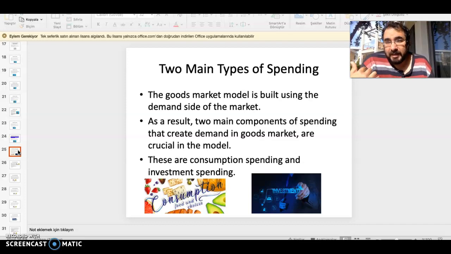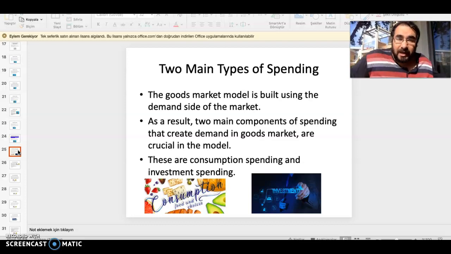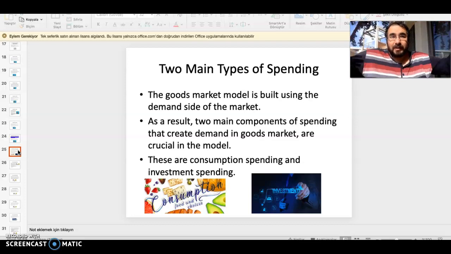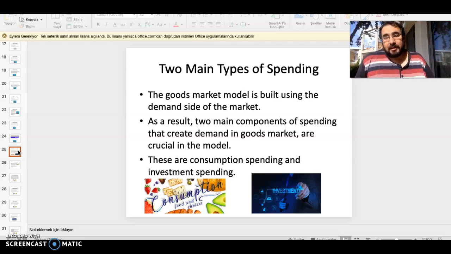Usually a third one will be added later, but this will be an active intervention to the economic system, at least in our context. The third will be government spending, but we will see government spending as a way for government to regulate the economic system. And we will discuss this assumption on the government later.